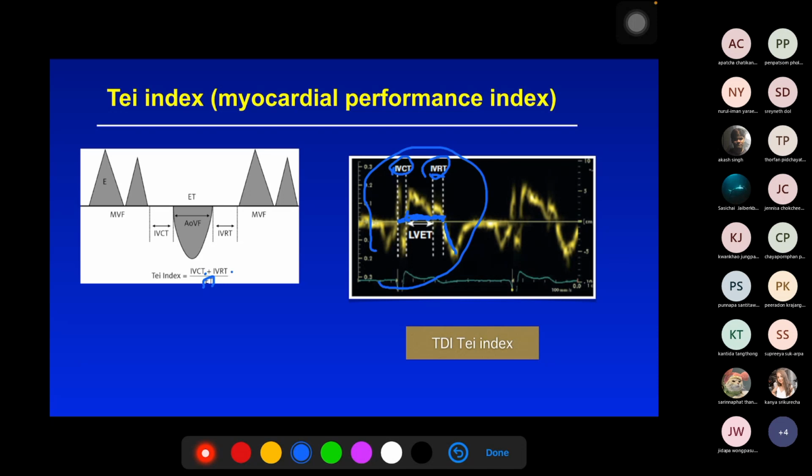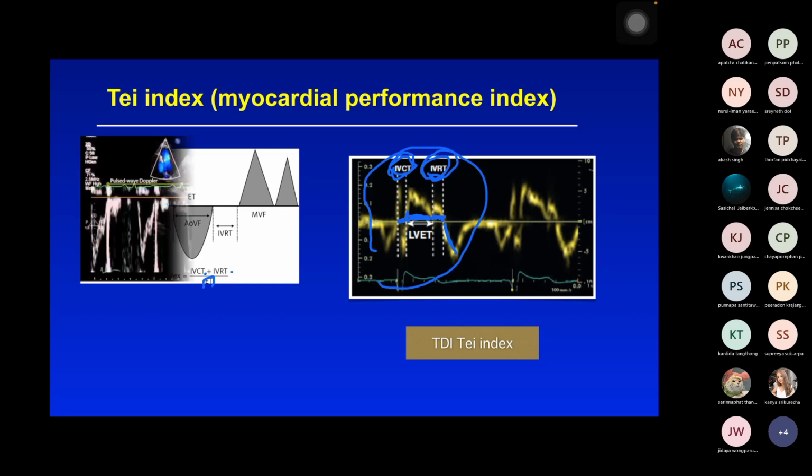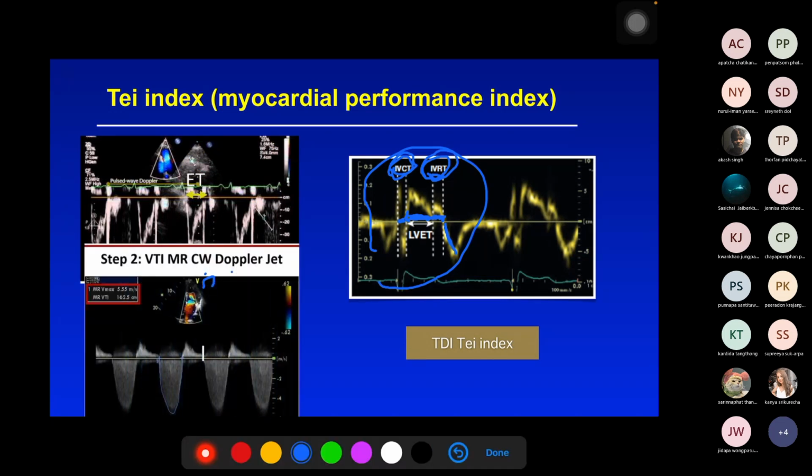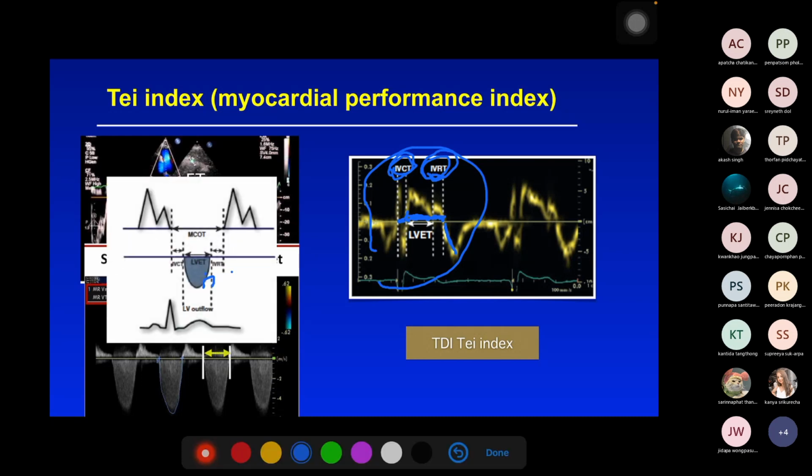The abnormal ratio is caused by increased IVCT and increased IVRT. So when the IVCT and IVRT increase in an abnormal heart condition, the ratio is increased. This is from the normal Doppler.